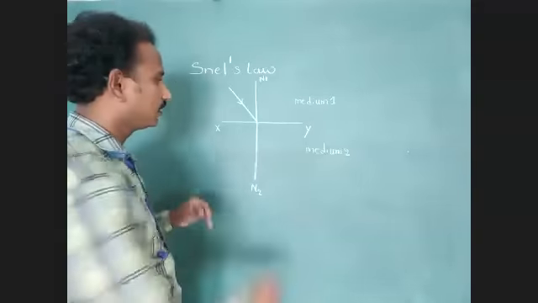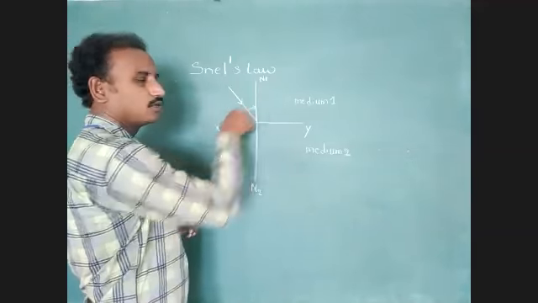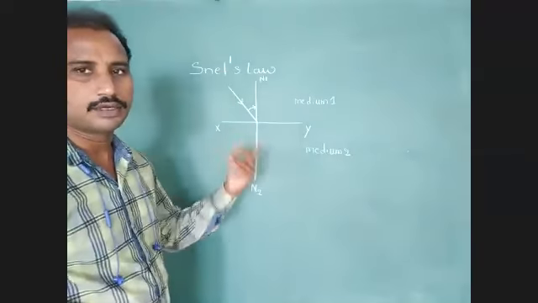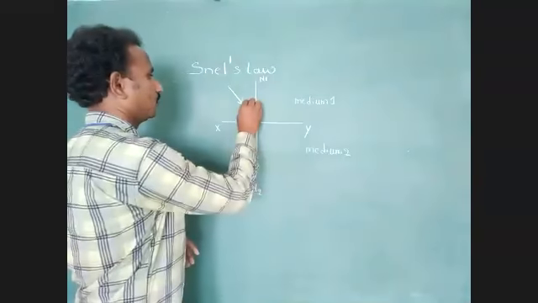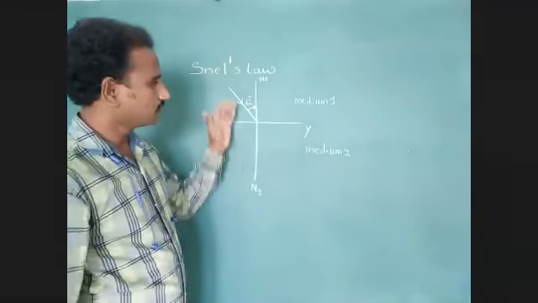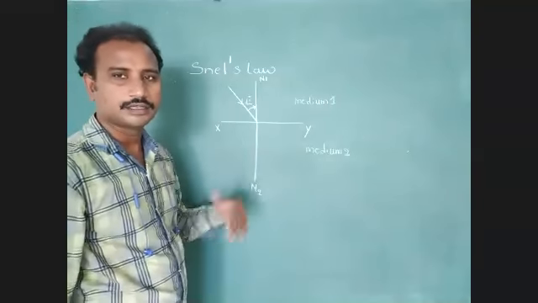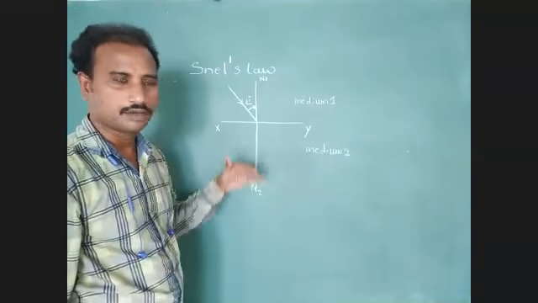Now we calculate the angle of incidence with respect to the normal. This is the angle of incidence, angle I. Then this light ray enters the second medium, and its direction changes. Yes or no?